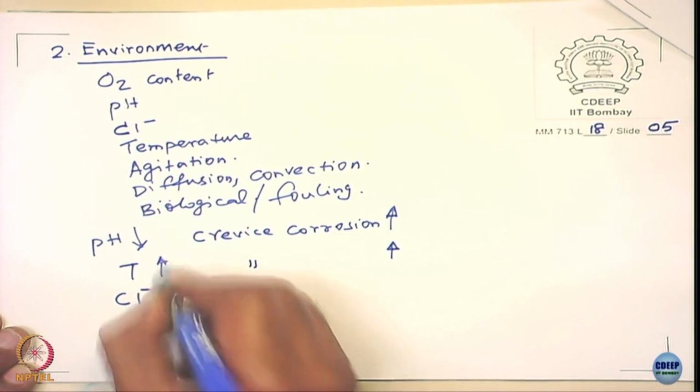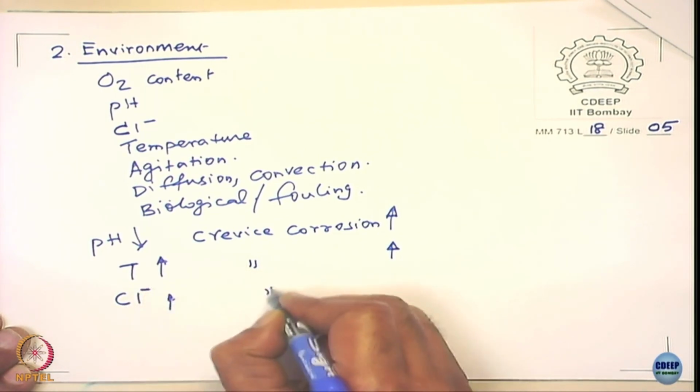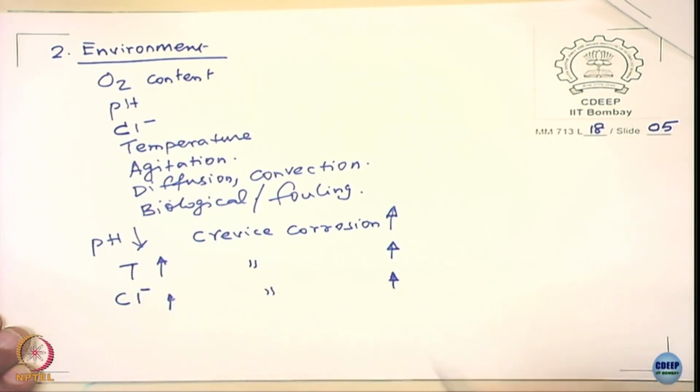Chloride, crevice corrosion increases. Yeah, there may be some diffusion increasing, okay, but that is not going to be commensurate with the passive film destruction. The passive film would destroy.